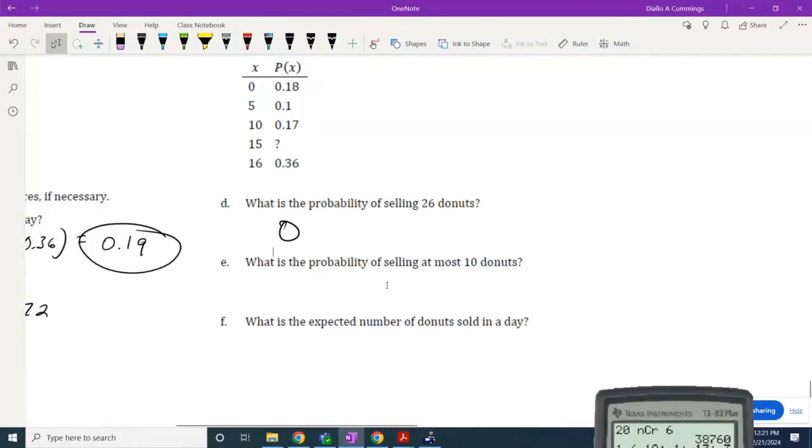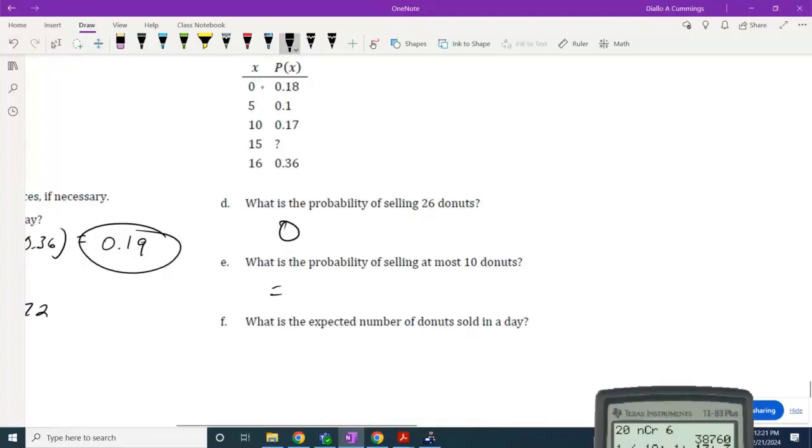E says, what is the probability of selling at most 10 donuts? Well, if you sell at most 10, you'll be everything below that. That means you can sell 10 donuts, 5 donuts, or no donuts.